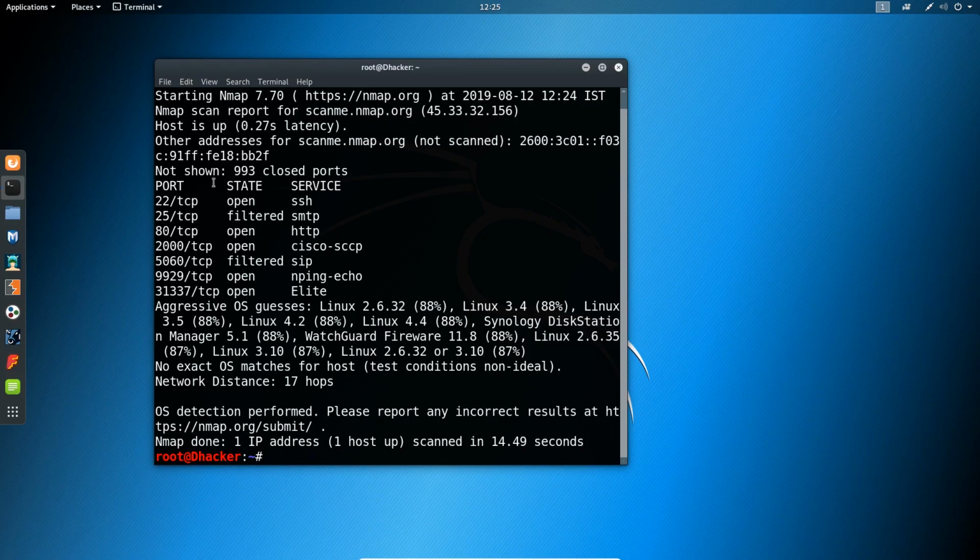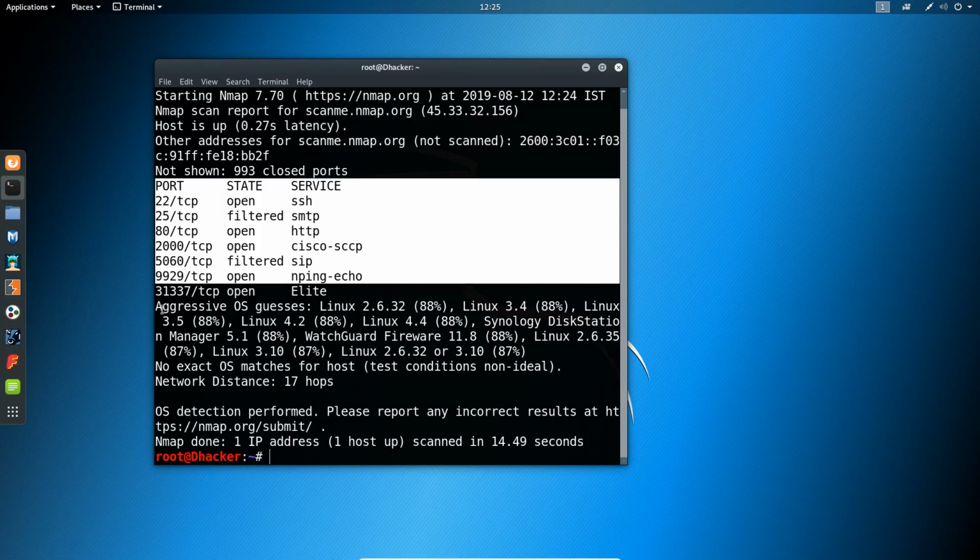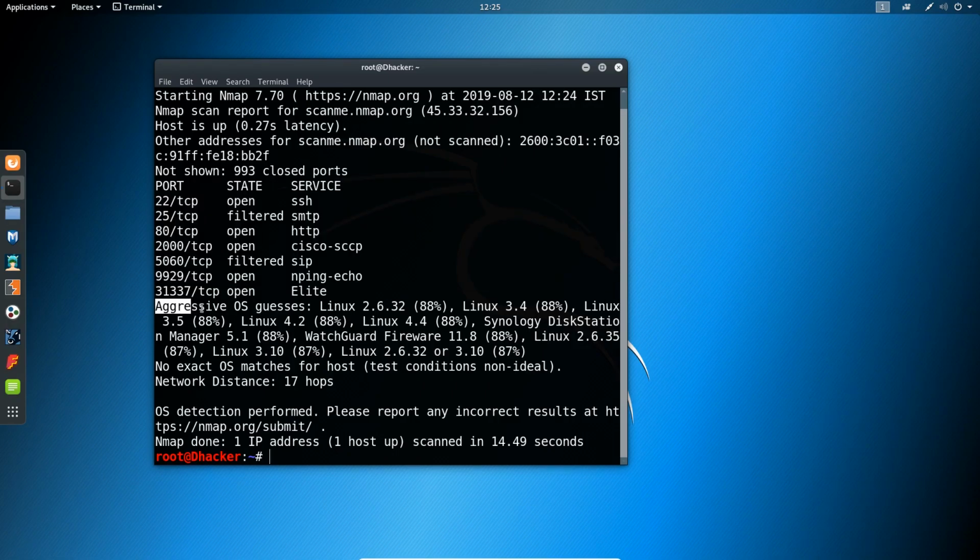This is the scan result for the ports, and below that you can see that Nmap has tried to guess the operating system, because it is not quite sure what operating system it is running. So it has shown the probability in percentage.